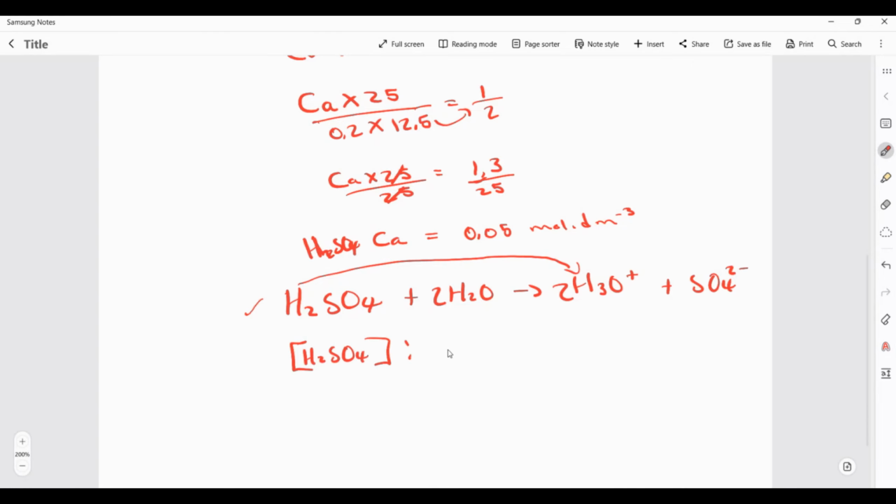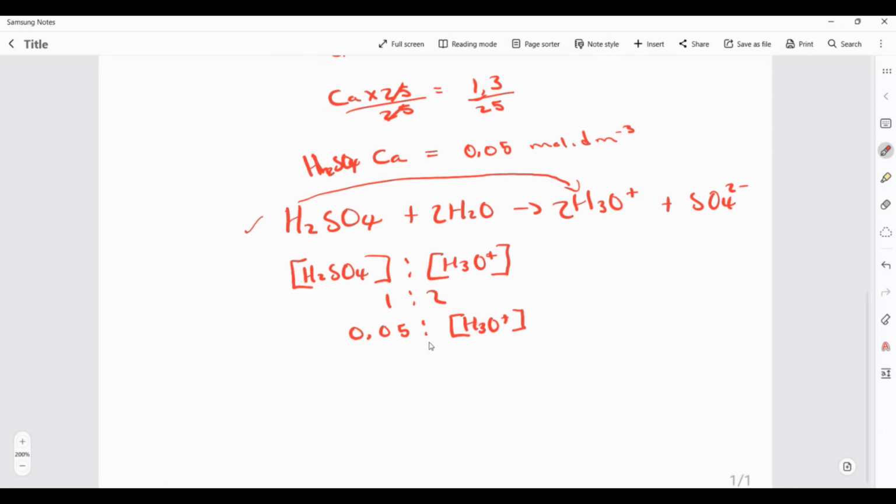The ratio is 1:2 over there. And then the concentration is 0.05, to the concentration of H3O plus. And then you just cross multiply. What is 0.05 multiplied by 2? 0.1. That's 0.1 mole per cubic decimeters.